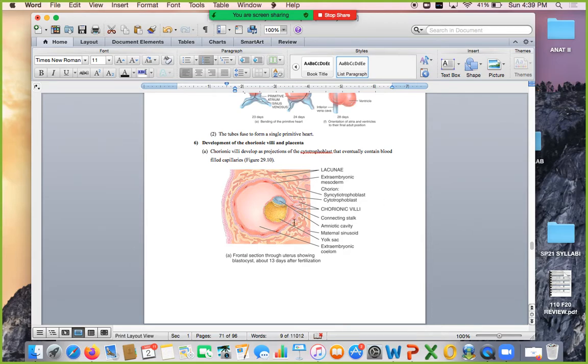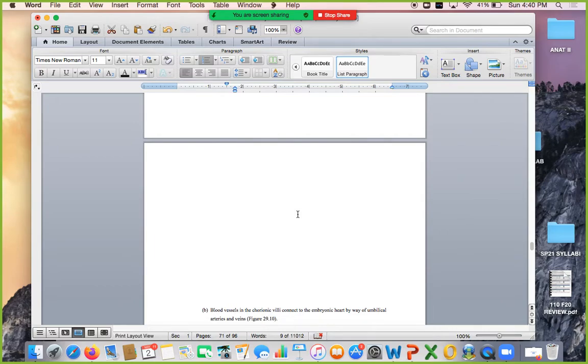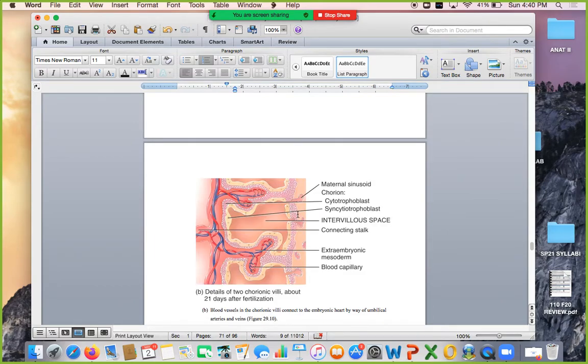Here's our maternal sinusoid, which is going to be connected to these chorionic villi. Right? It's going to pool with blood, and it's then going to eventually be a spot where blood can cross into the fetal blood supply. So here we're looking at the chorionic villi. So this is going to be the fetal blood supply. Here's the maternal sinusoid.